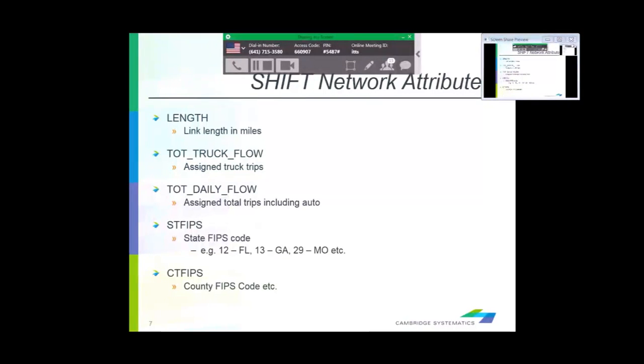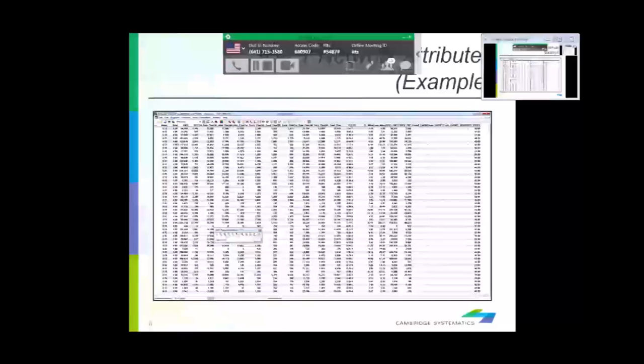In terms of the network itself, for our purposes, we need specifically the length attribute, the truck attribute, the daily flow attribute, and also the state code and the county code, so that we can compile the results by relevant geography. This is just a screenshot of the attributes in the SHIFT network opened up in TransCAD.